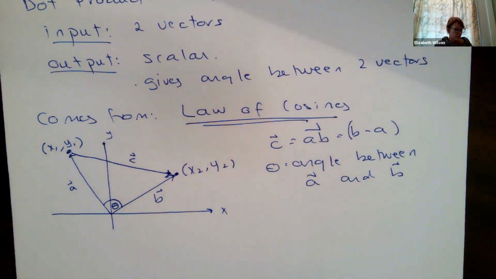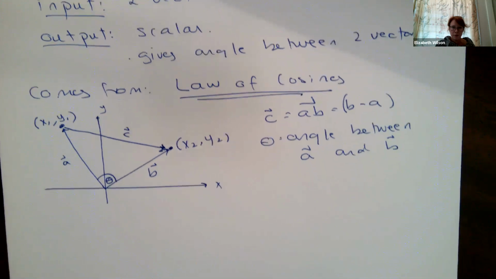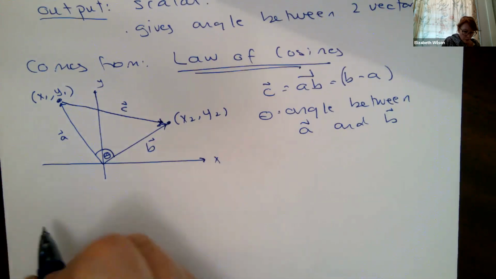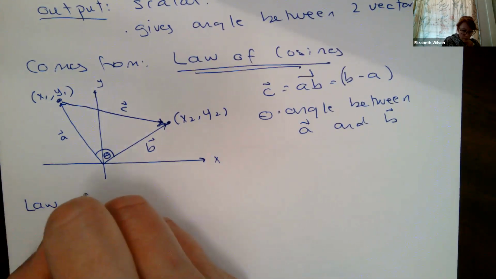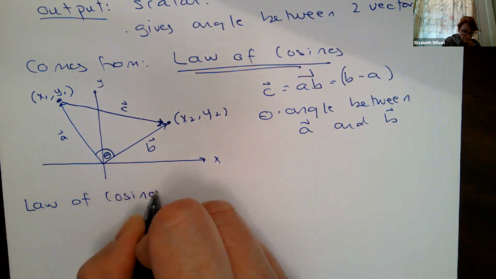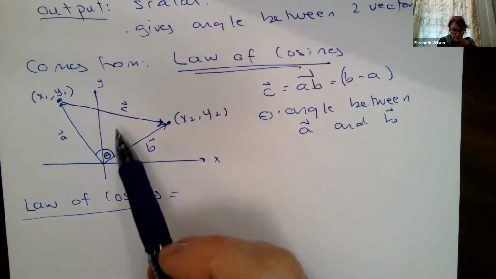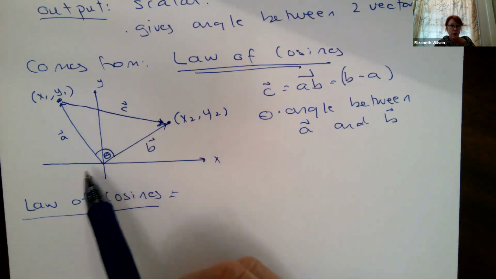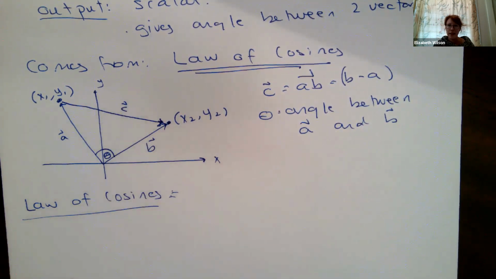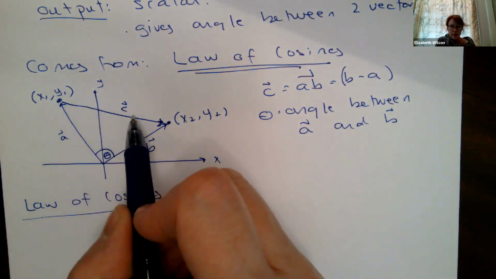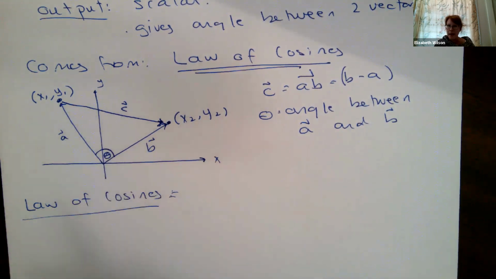Let's take a step back and remember what our law of cosines was. Brush off those cobwebs from high school. When we did the law of cosines with just triangles, we would talk about C as the length of a side. If C is a vector, I have to talk about magnitudes.